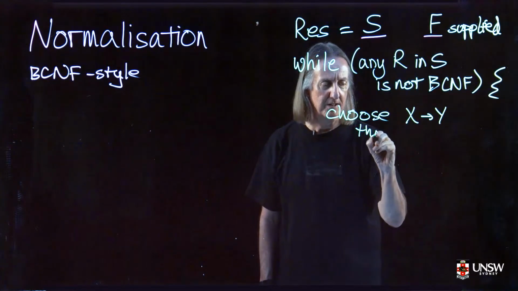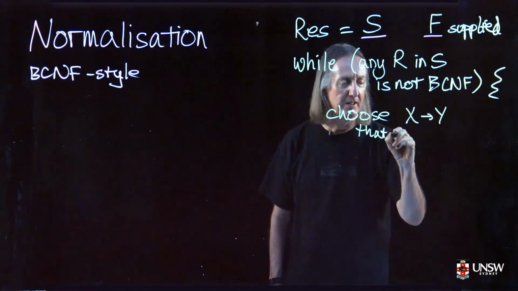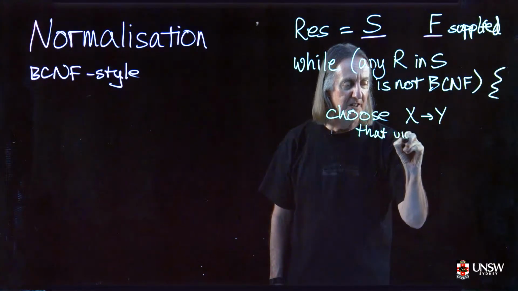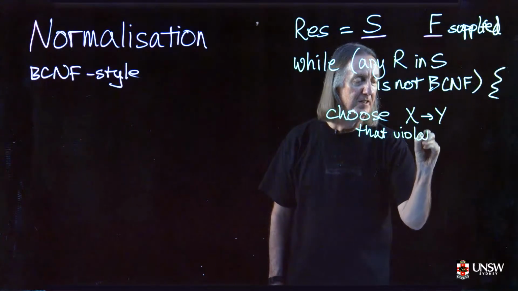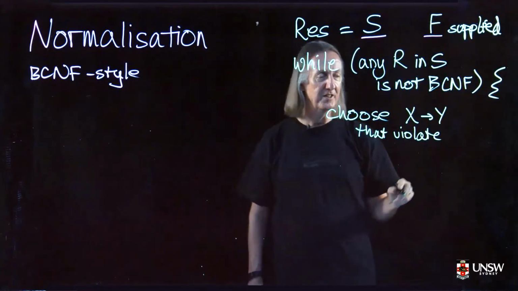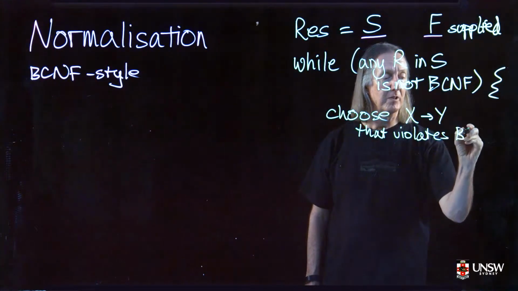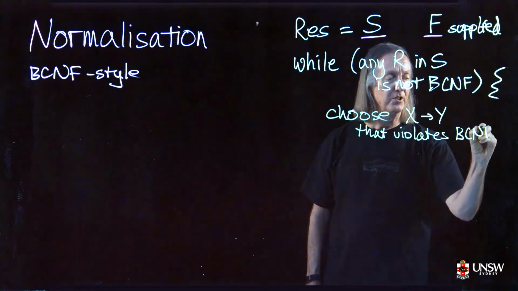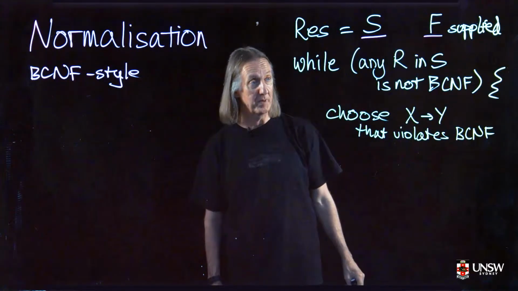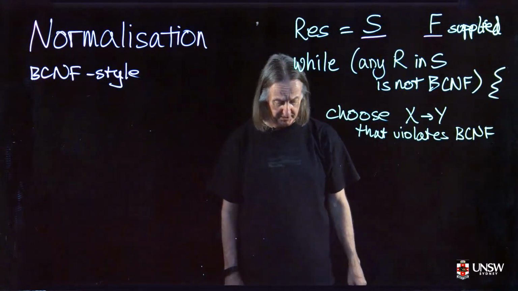So I guess we could write that: choose an X to Y that causes BCNF to be violated. So technically it's not the functional dependency that violates the BCNF property, but it's the combination of the functional dependency and one of the tables.